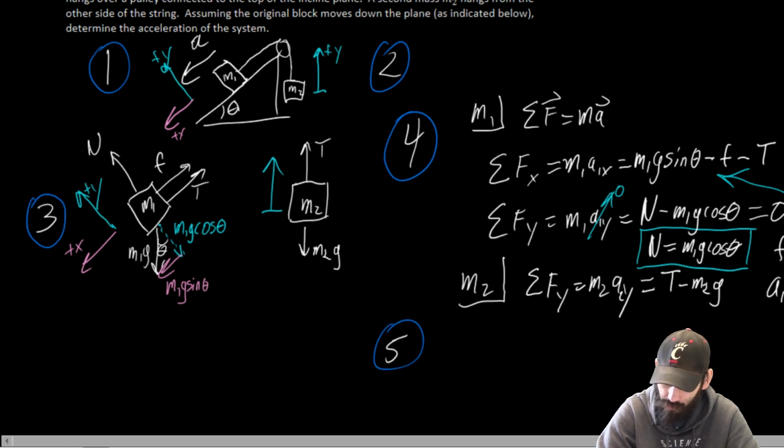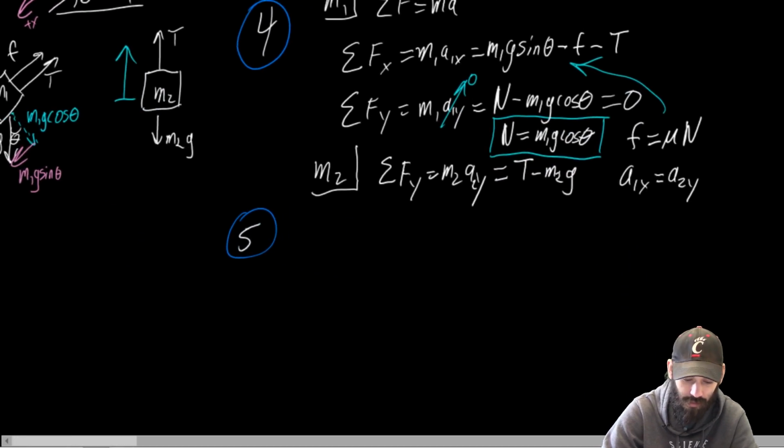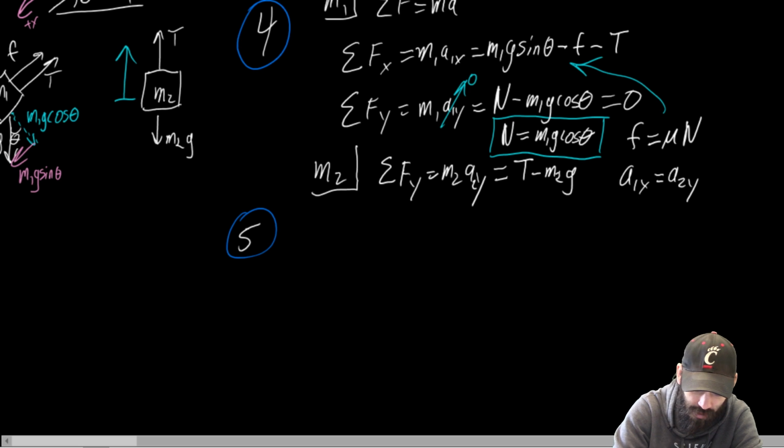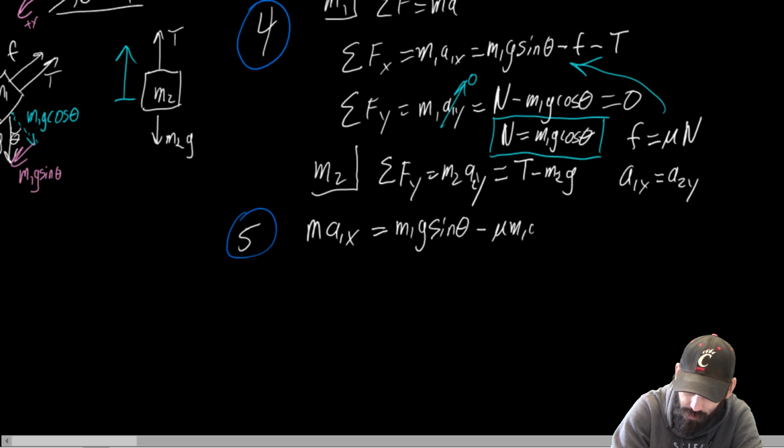Okay, so using all of that, I'm going to rewrite my equations down here, and this is going to say that m1 times a1x is going to be equal to m1g times sine of theta minus mu times m1g times cosine of theta minus t.